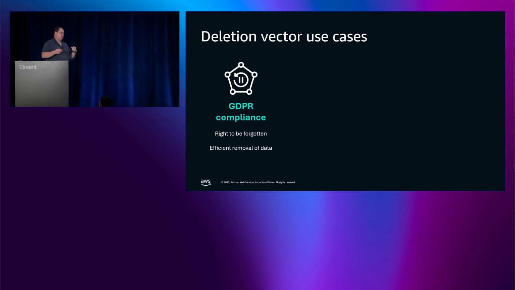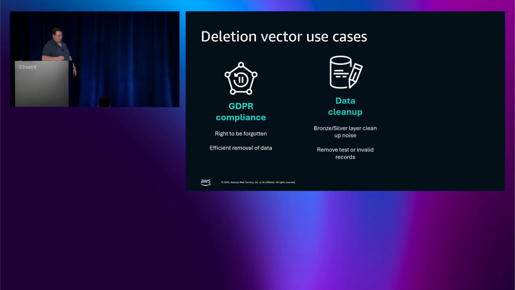Oftentimes when you're removing information about individuals, it can be different than how the data is fully consumed for other business purposes. And that's where you end up in these sort of random write scenarios where your write amplification is very, very high. So if you have to do GDPR deletes, deletion vectors is a feature that you should certainly look into.